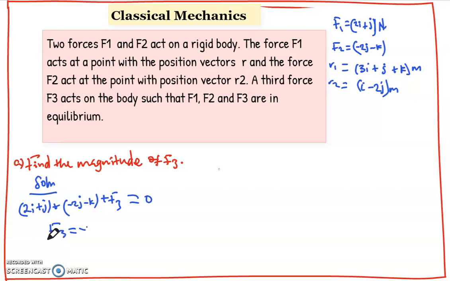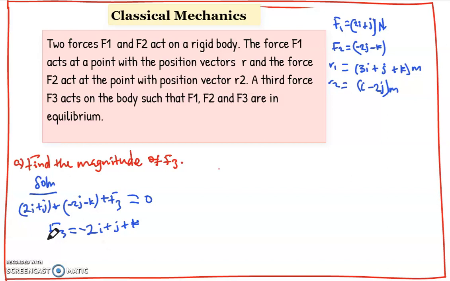Then j: we have negative 2j, and when we take this negative here, it becomes positive. It is 2 minus 1, so this is plus j, because it remains 1. Then plus k, because here k is negative, and when we take it to the other side, it becomes positive.